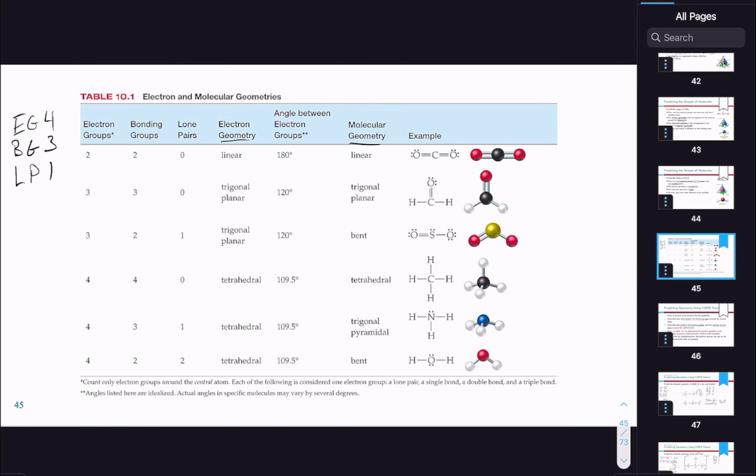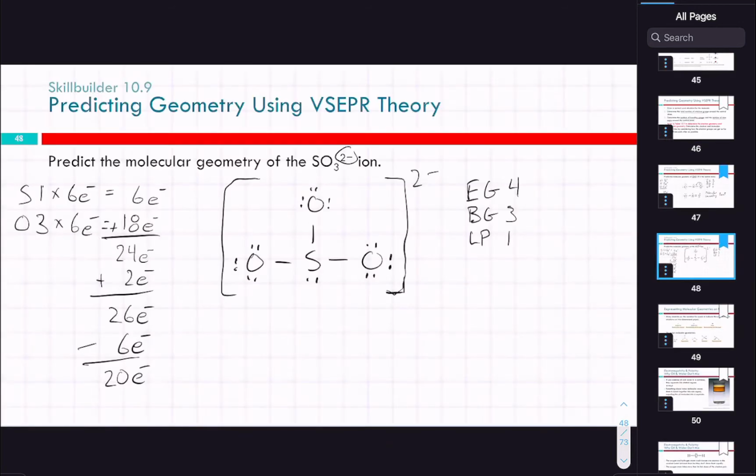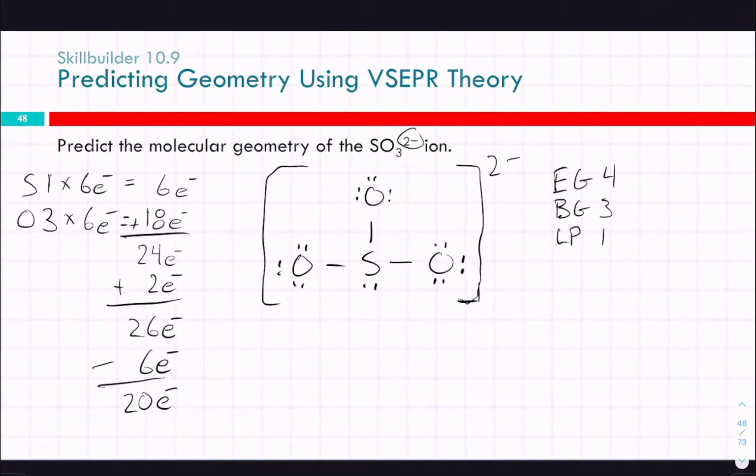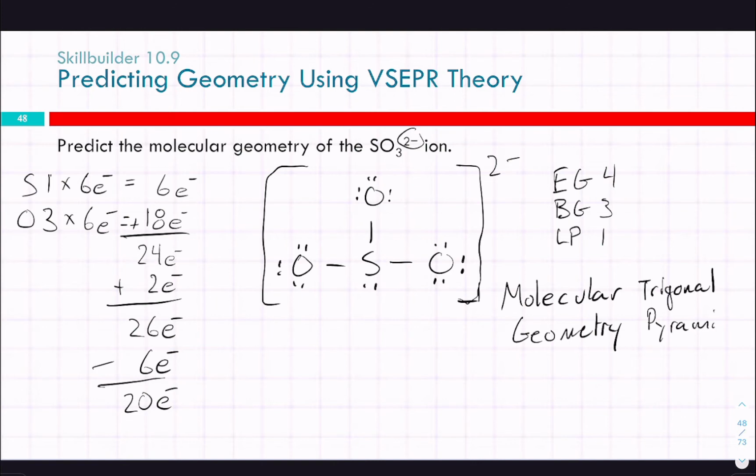And so our electron geometry would be tetrahedral, but our molecular geometry is trigonal pyramidal. Trigonal pyramidal. It's just another set of steps to memorize.